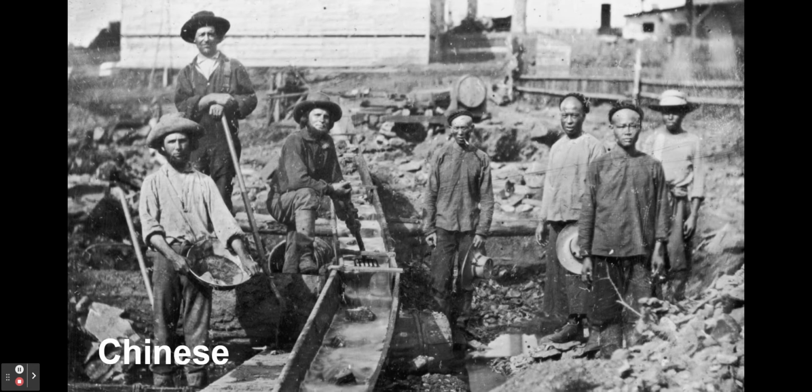And then the last group we'll talk about in this video are, in fact, the Chinese. Now, during this time in their history, the Chinese were actually facing their own revolution in their country, which led to a lot of poverty and a lot of starvation. So the Chinese actually came to America in what they call waves, or groupings of people.